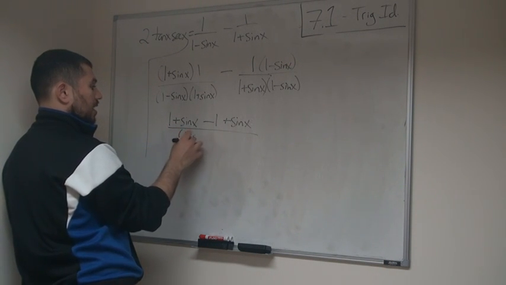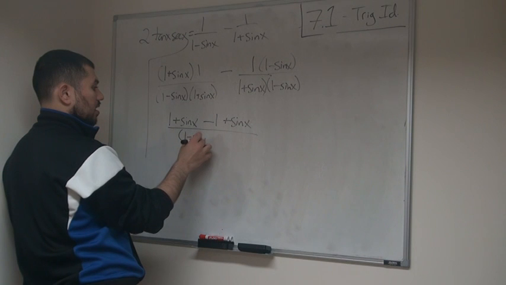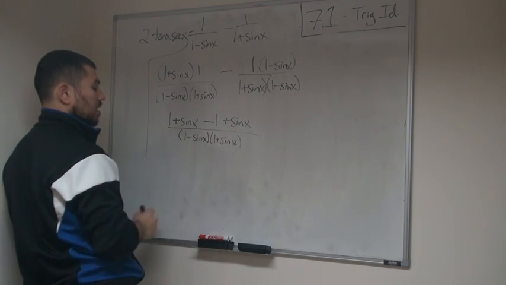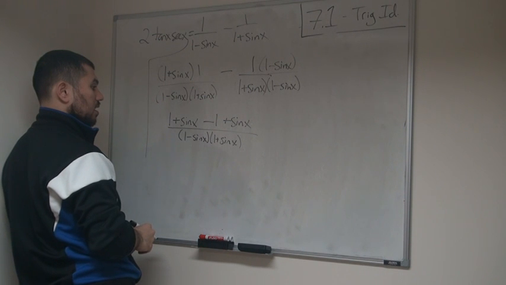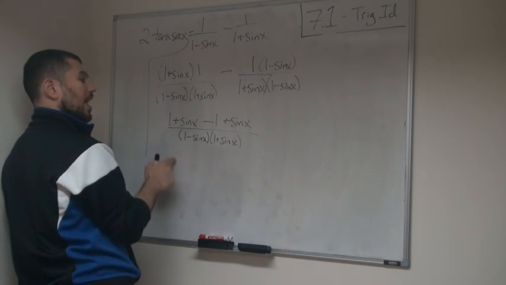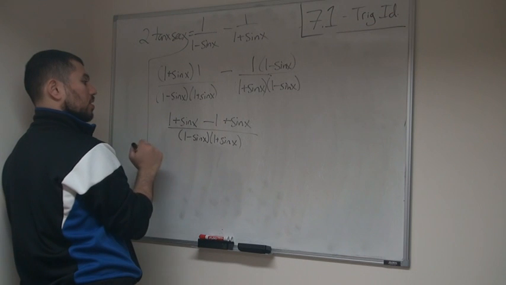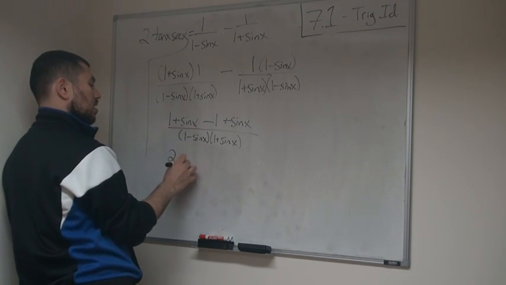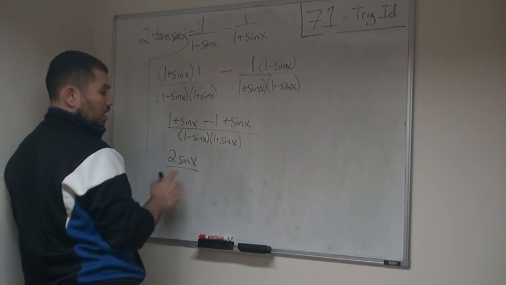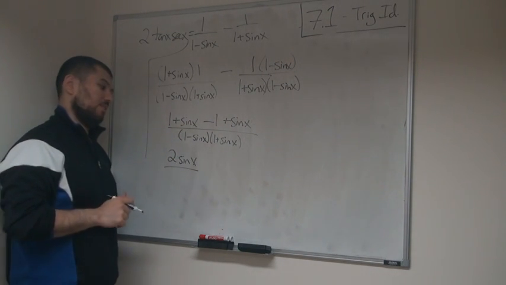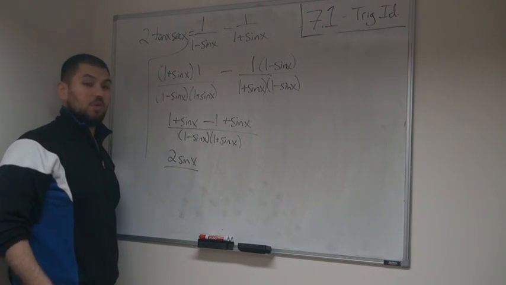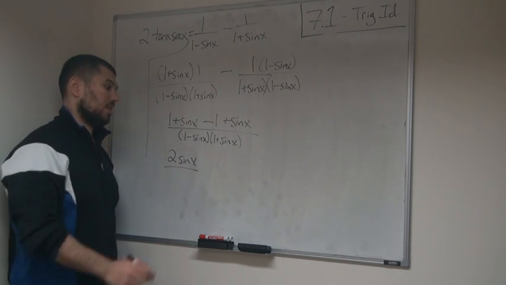And I get 1 minus sine x, 1 plus sine x. Here I'm going to combine. 1 minus 1 is 0, sine x plus sine x is 2 sine x's. Here I'm actually going to FOIL out because I don't have 2 sine x's being something that can cancel out with 1 minus sine x or 1 plus sine x.